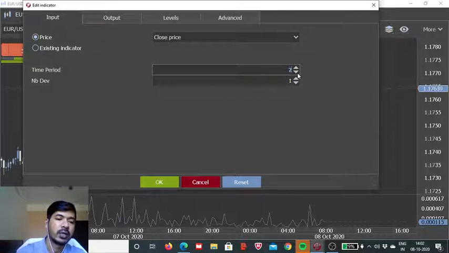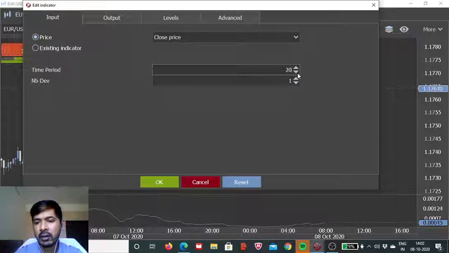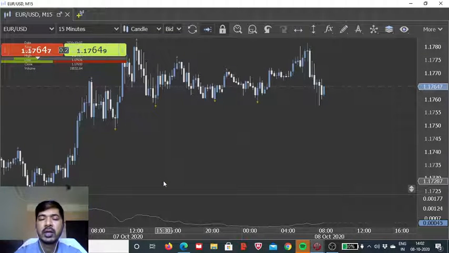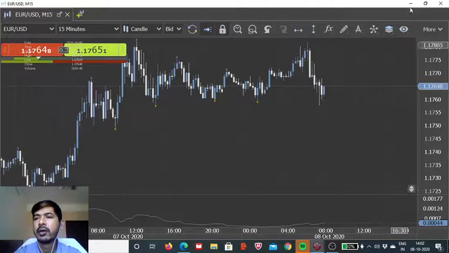For example, if I change it to 20, it is something like this. So depending on the number of candlesticks considered for calculation, you will see the volatility values changing as the closing values for those times are taken into consideration.